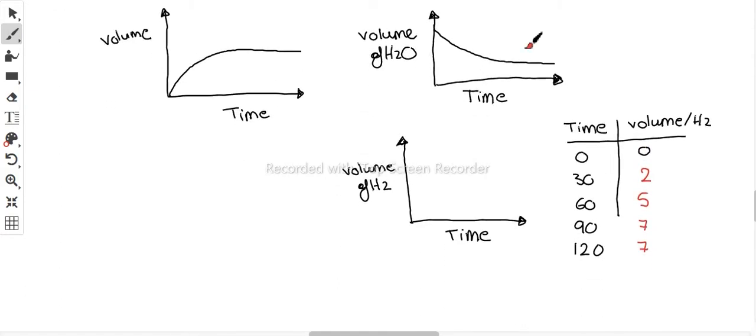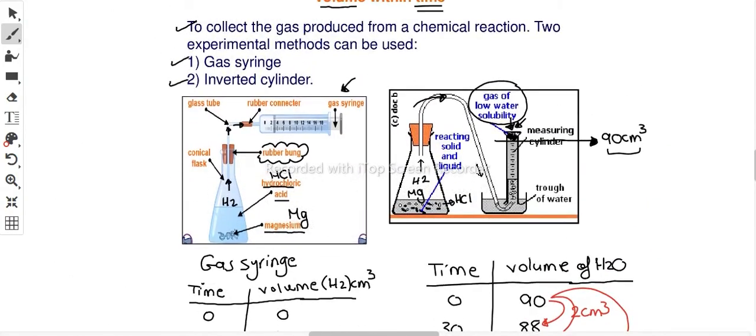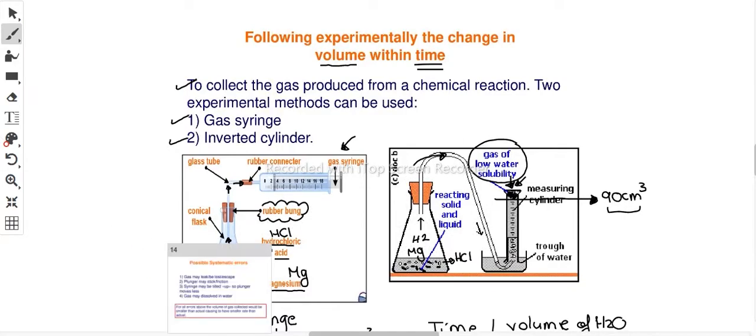Now you're going to draw the relationship between the volume of hydrogen and the time. So it will be increasing, then it becomes straight constant as the chemical reaction has ended. So these are the two different methods that can be used in order to collect volume. Either the gas syringe experiment, or you can go through the inverted graduated cylinder.